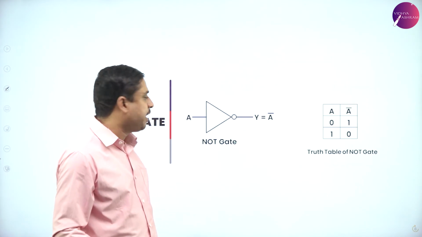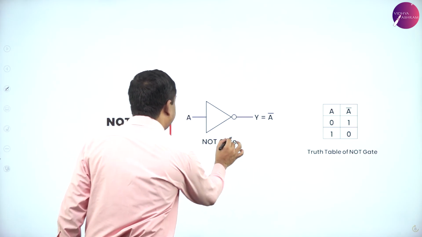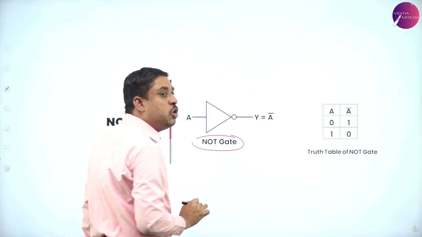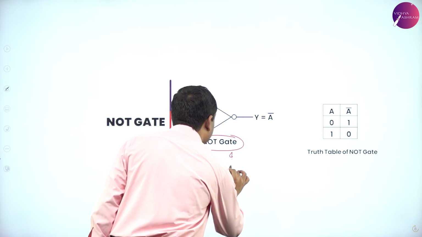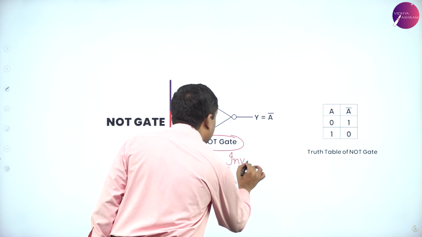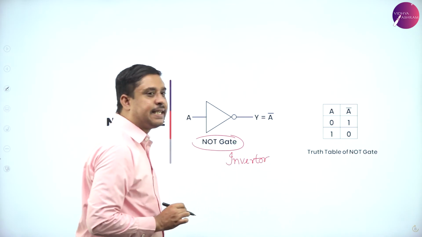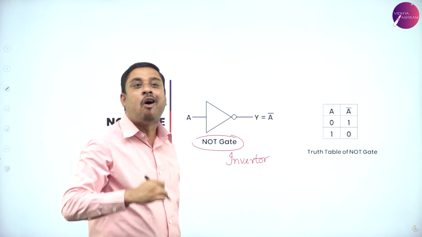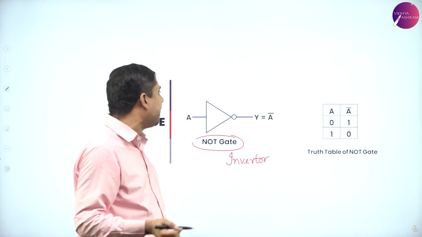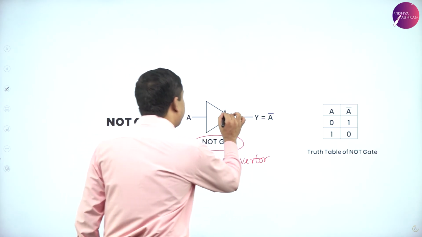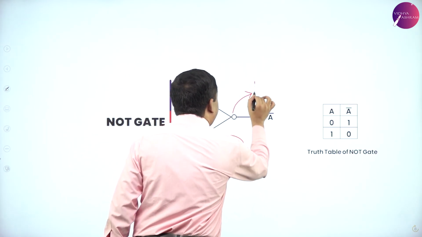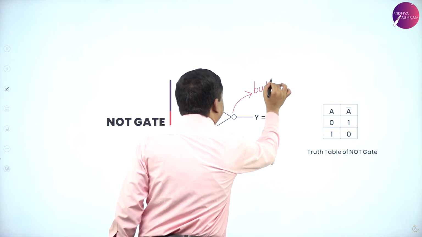And finally, a very beautiful gate called the NOT gate. It is also called the inverter gate or the complementer gate, and it is represented by a bubble at the tip.